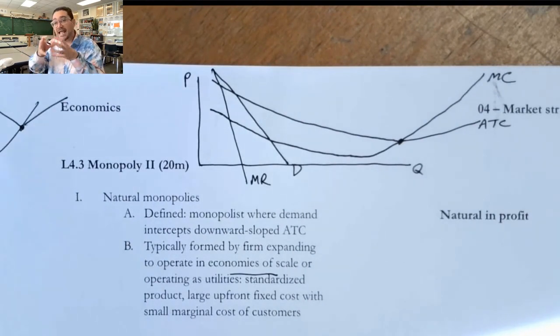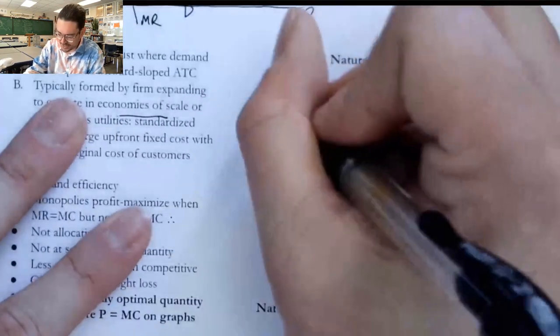In fact, as they add more customers, it spreads out their enormous fixed cost over more and more units. And so for the entire range for which demand exists for their product, electricity, they experience economies of scale. They have large upfront fixed cost and small marginal cost of adding a customer, and that's why they look this way. Now, we're going to draw what these look like here.